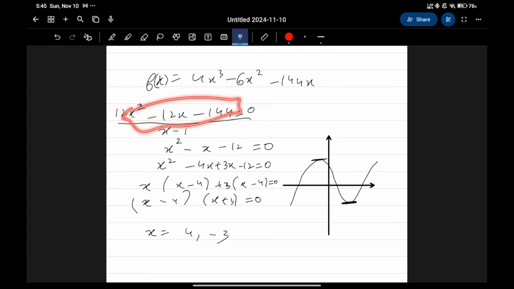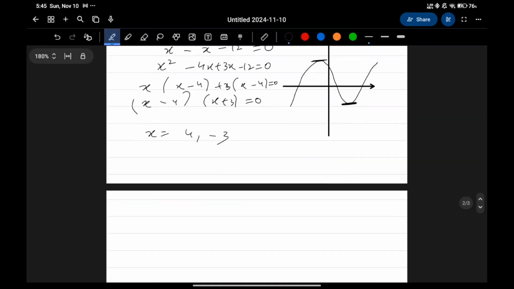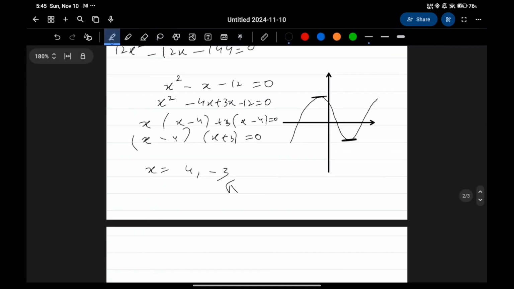When we set the top equal to 0, we get 4 and negative 3. Those are my two critical points. And if I set my bottom equal to 0, let's say I got x minus 1, if that was the case, then 1 would also be my critical point. But in this case, we don't have it, so we'll remove it for now. So now, these are my points of interest.